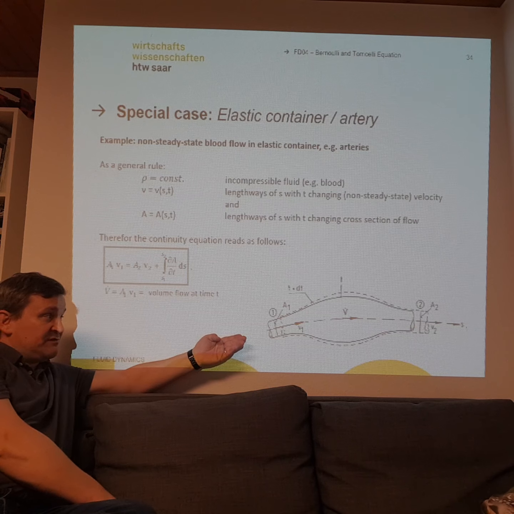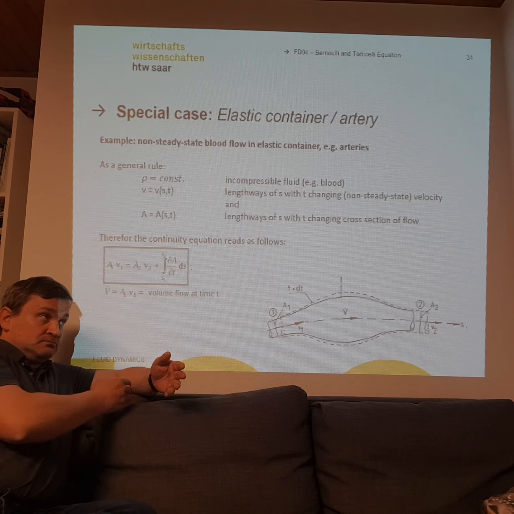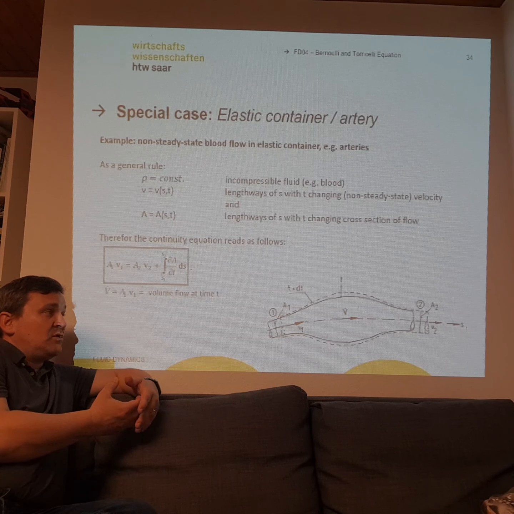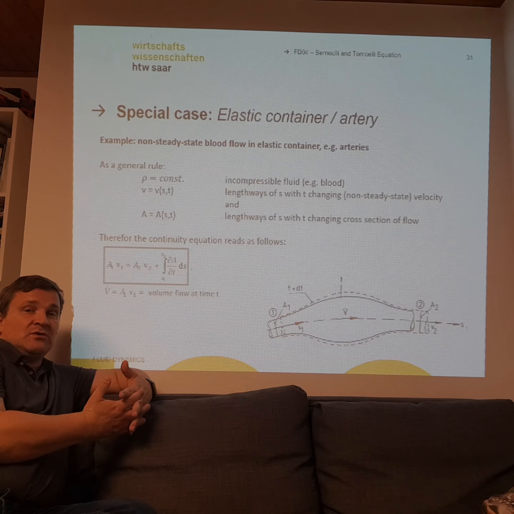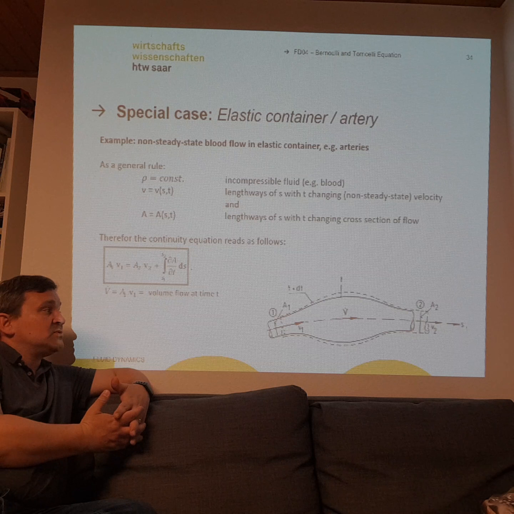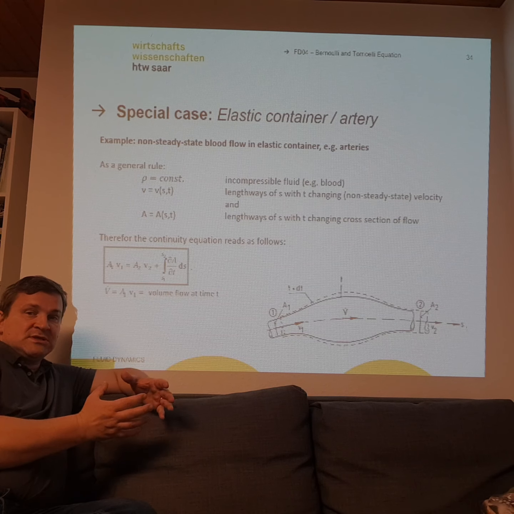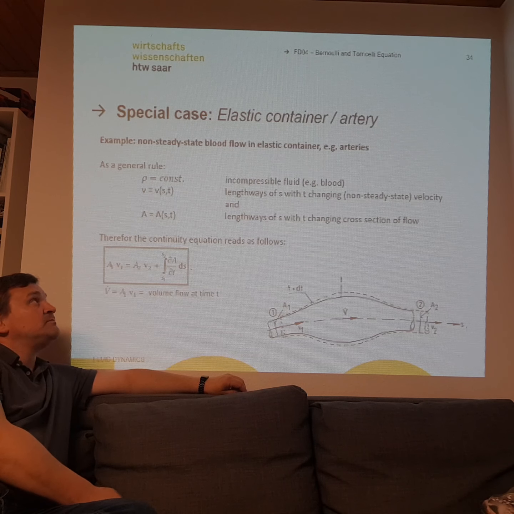You can imagine a pipe system like the artery system in the body, or a rubber pipe system, where you can get expansion of the walls.